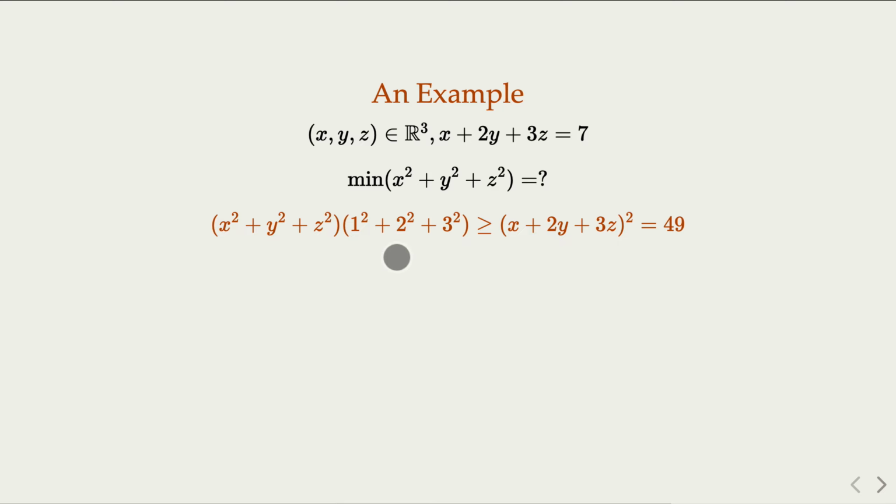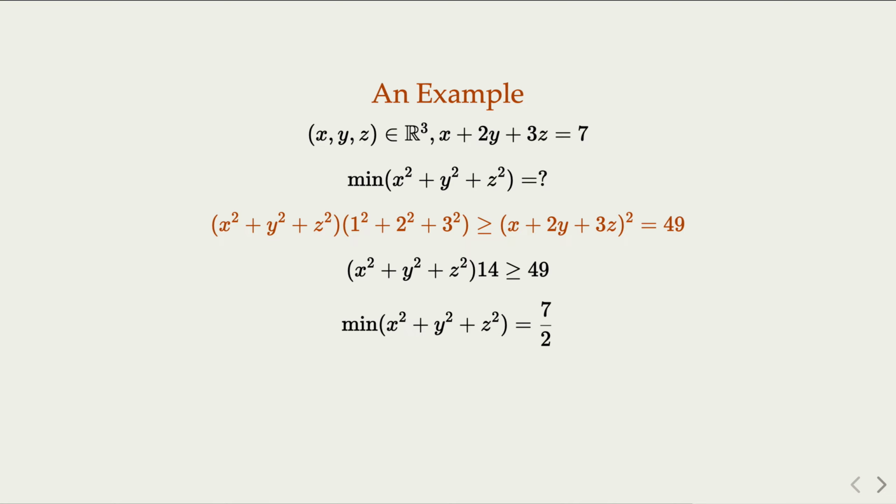Of course, this is actually 14. So what you get is that x squared plus y squared plus z squared is bounded below by 49 over 14, and that is 7 over 2. That's the answer.